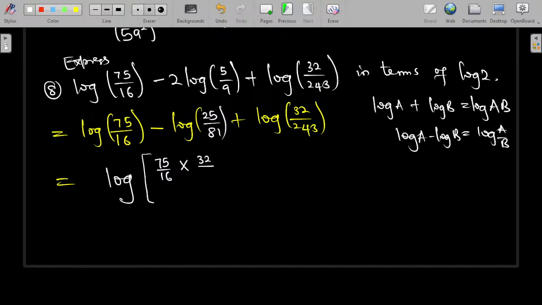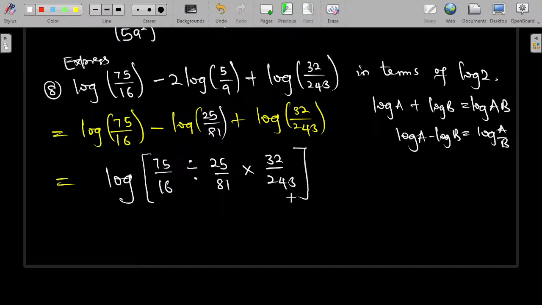Let me write it this way: 75 over 16. You can actually do this subtraction next, which is divided by 25 over 81. And then this addition is multiplication, which is times 32 over 243. This is beautiful.